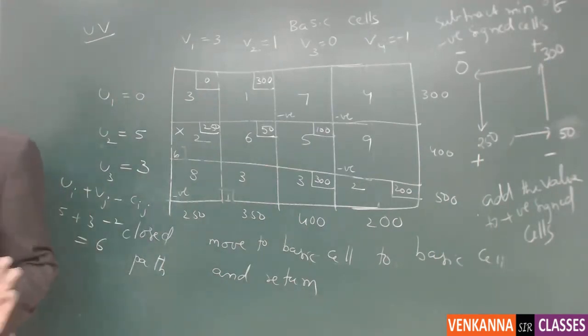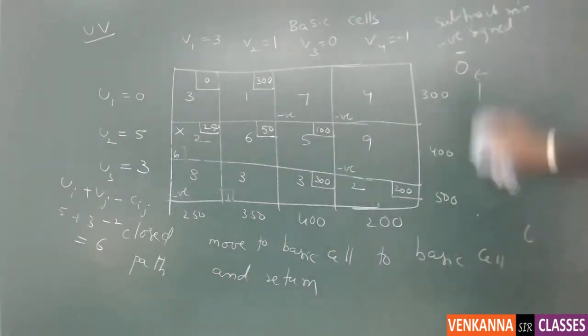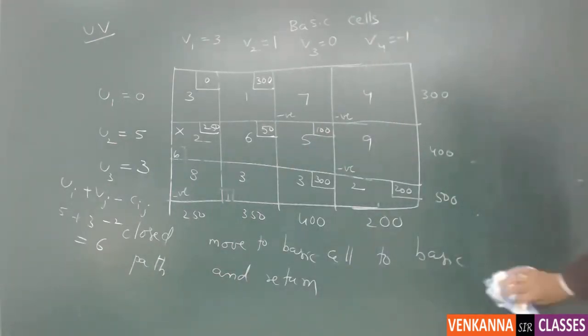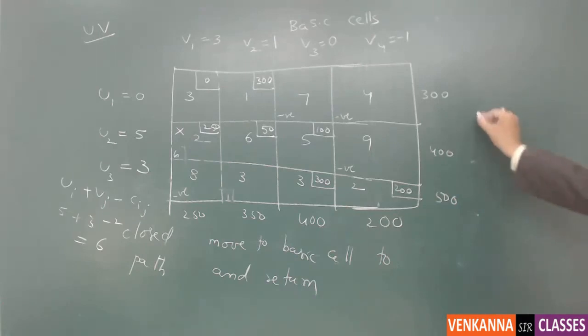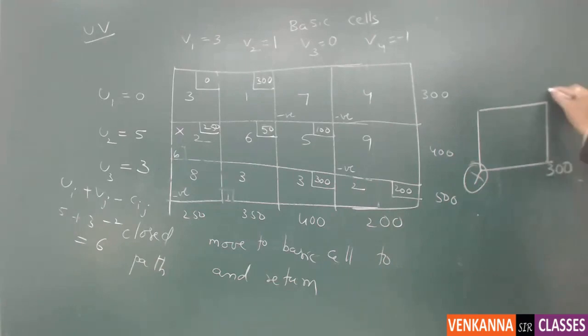Since you are getting confused, let me draw the thing one more time for you. This is the thing I had earlier. This is the thing I have got earlier: 300, 50, 250 earlier I have.